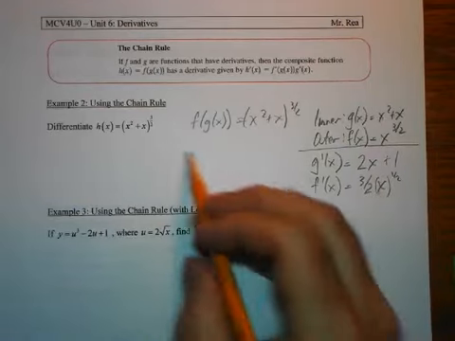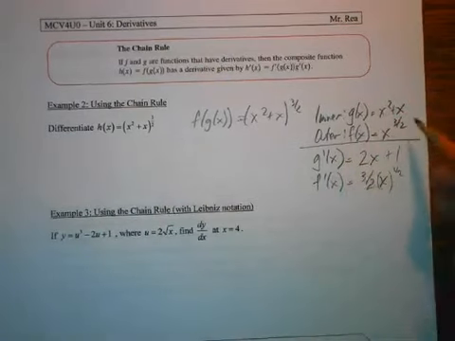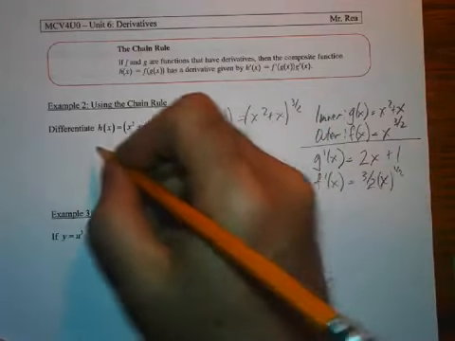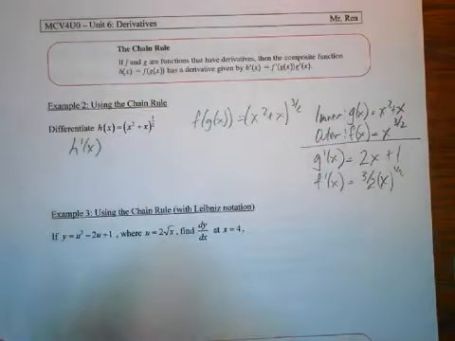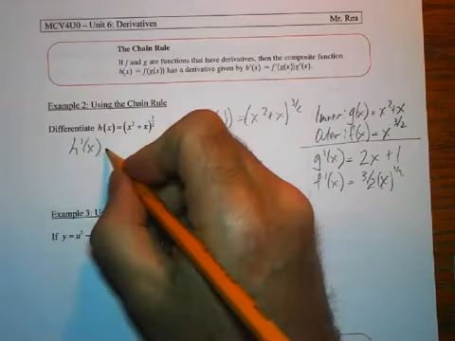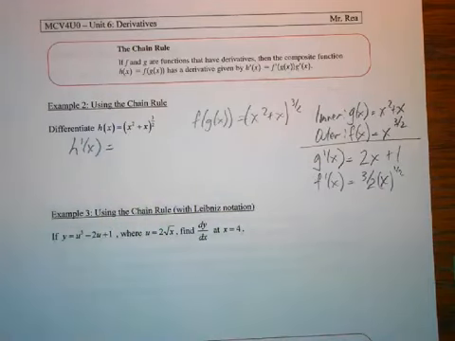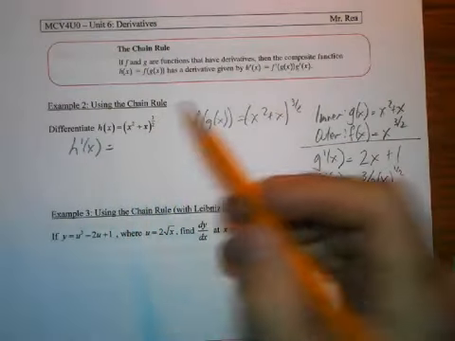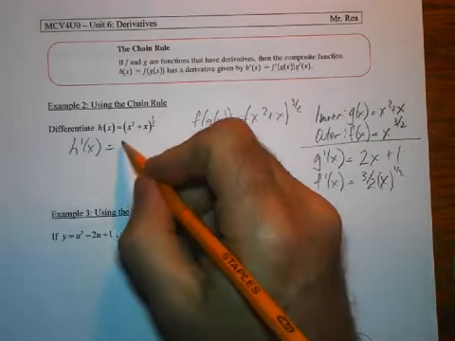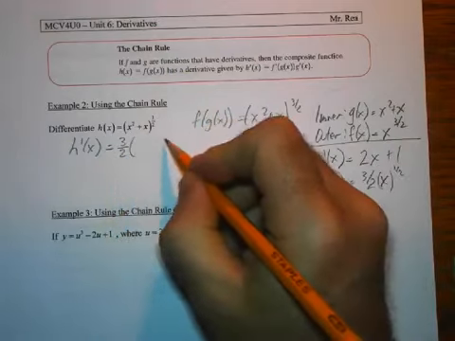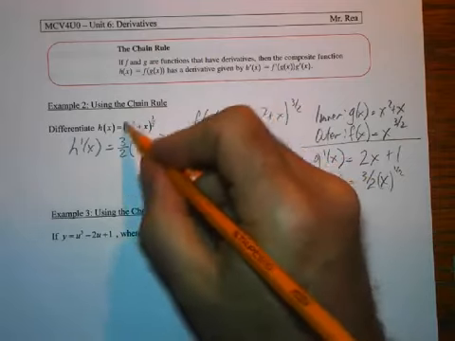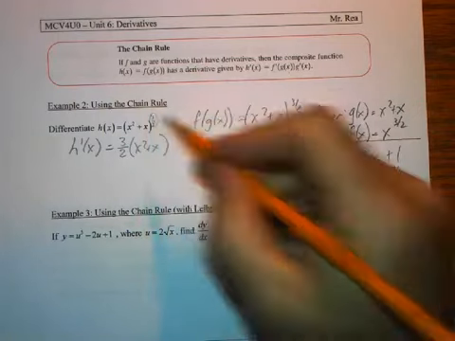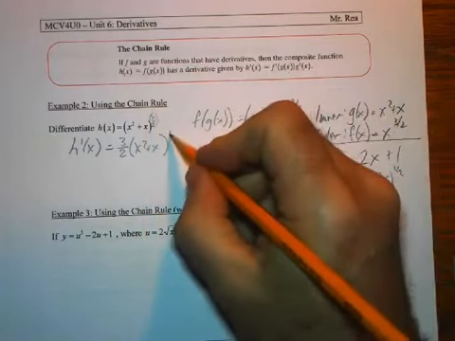Okay, so we kind of put these together. I just want to show you, thinking of these as inner and outer functions, when I actually do my chain rule here, the first thing I'm going to do is use the outside function, so this is going to be 3/2, and then whatever's on the inside, x squared plus x, and I'm going to reduce the exponent by 1, or 2 over 2, so that becomes 1/2.